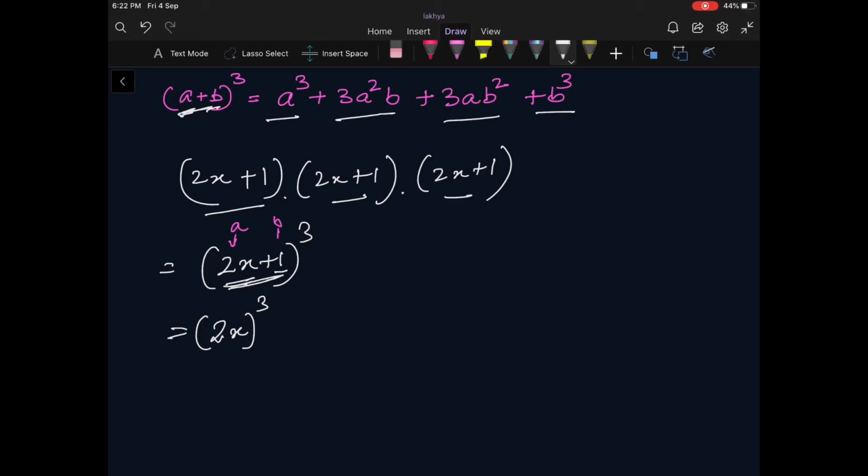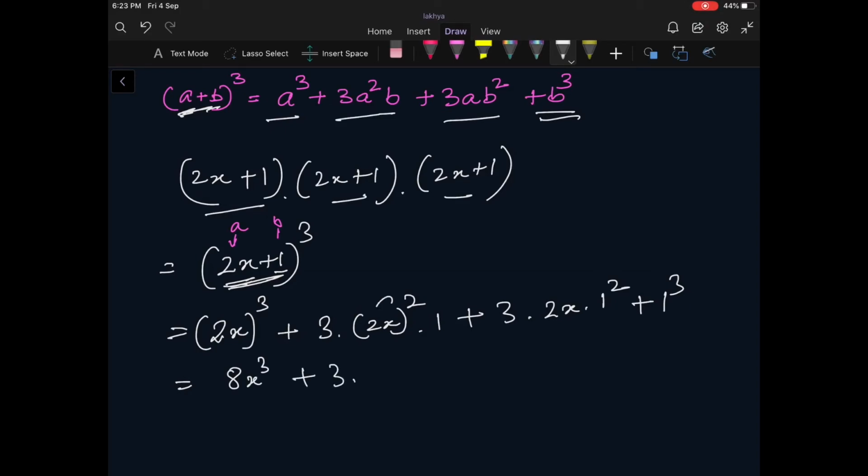Then plus thrice a square, what is a here, twice x, then b is 1 here, plus thrice a, that is twice x, and b square. Then at the end b cube, that is 1 cube.